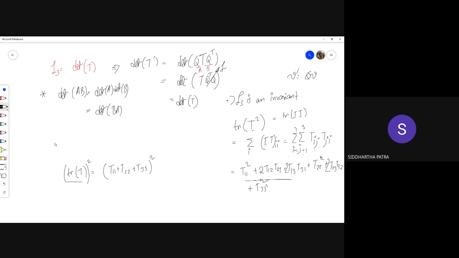Now I need you to calculate. First, this is very simple, right? a plus b plus c whole squared. Everyone knows the formula: a squared plus b squared plus c squared plus twice ab, twice ac, and twice bc. So I need you to get this expression: trace of t whole squared minus trace of t squared.